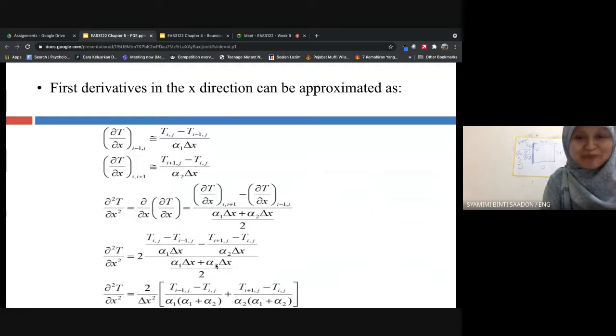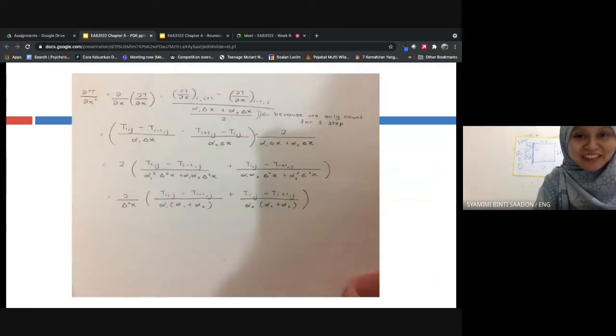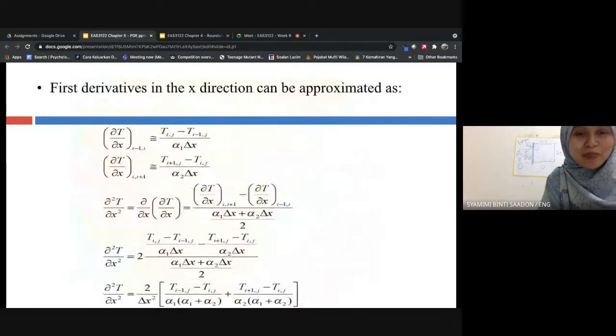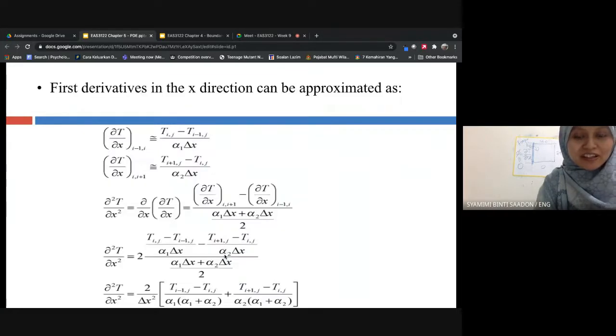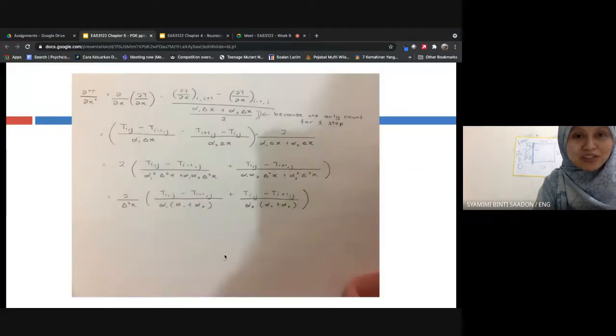I think the calculation is explained here. Again, with the Laplacian definition, we have to substitute these irregular boundaries into the Laplacian equation. This is how the calculation is made.